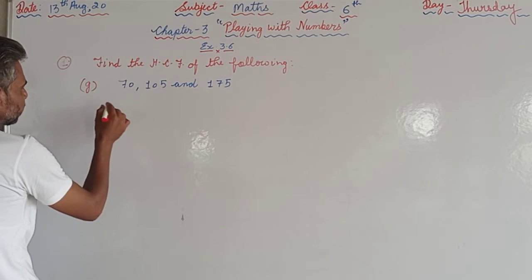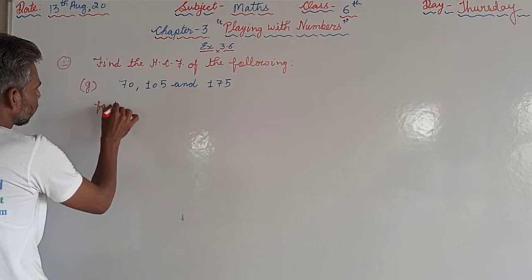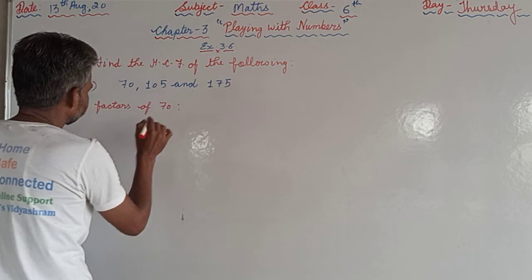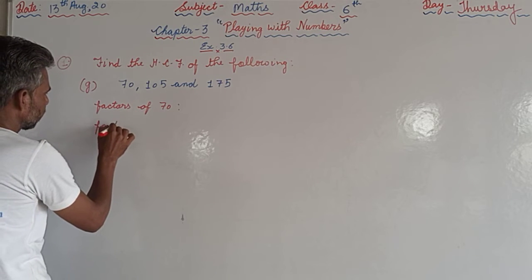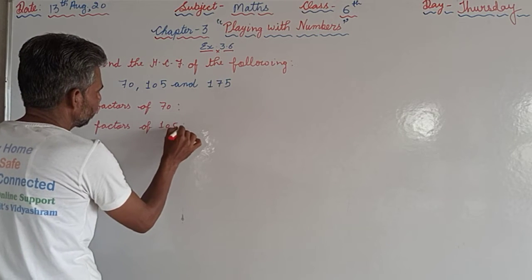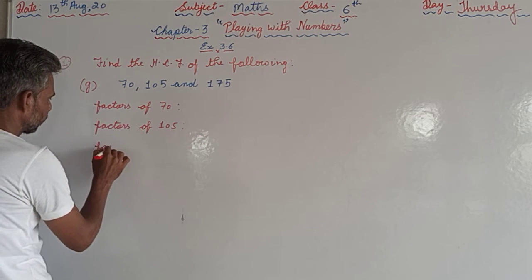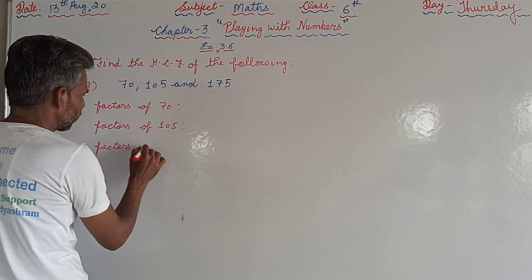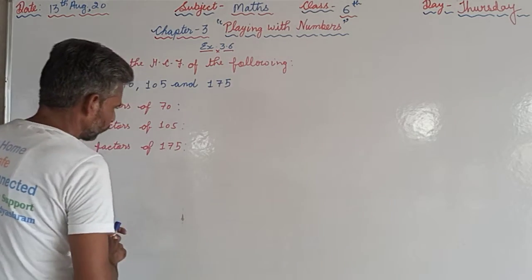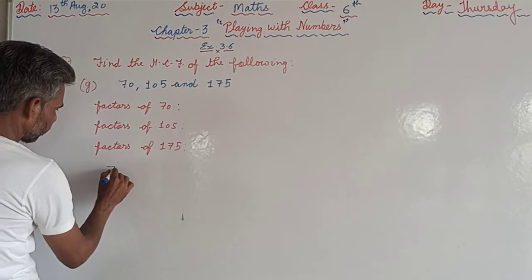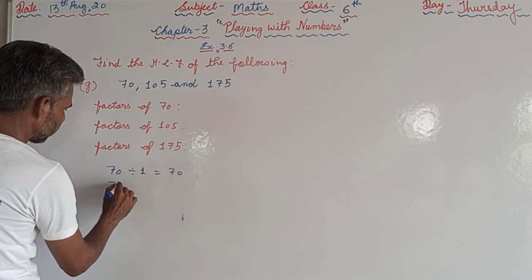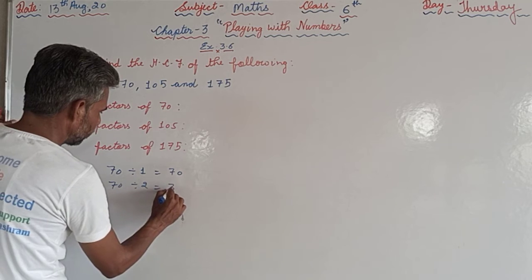So we will list the factors of 70, factors of 105, factors of 175. So factors of 70: 70 divided by 1 is 70, 70 divided by 2 is 35.